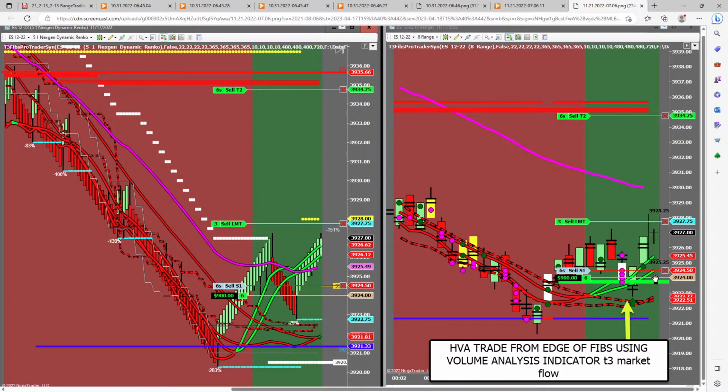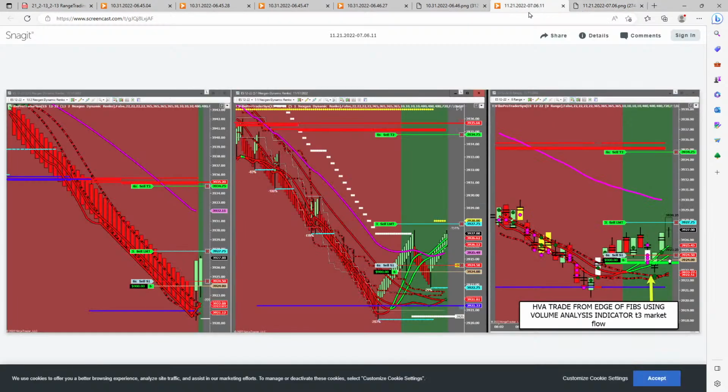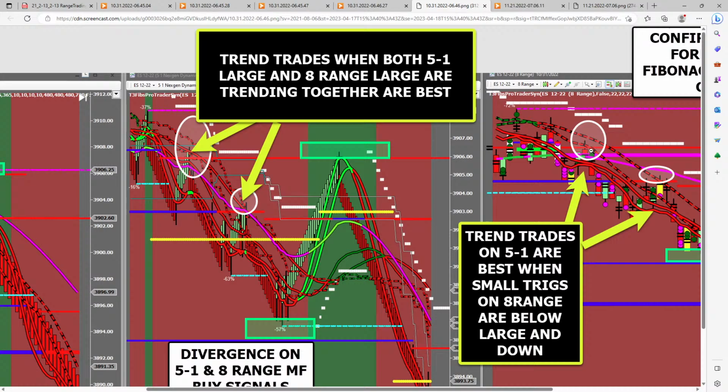Having that expectation is very, very helpful. Right now, the 8 range chart gives you a better trend trade short read.